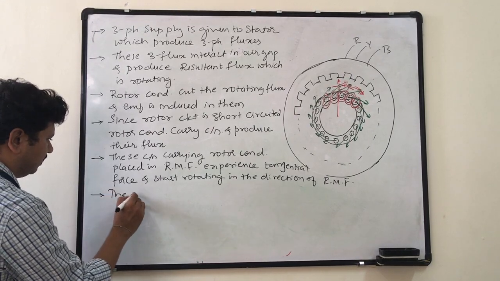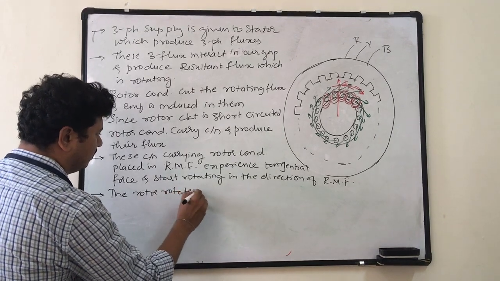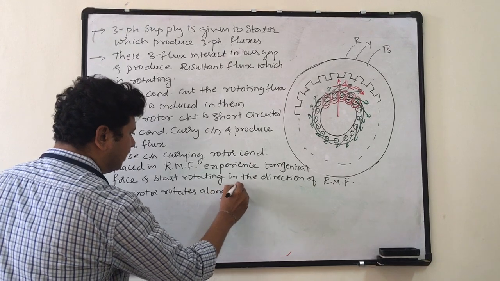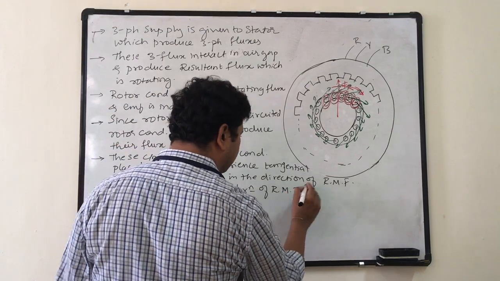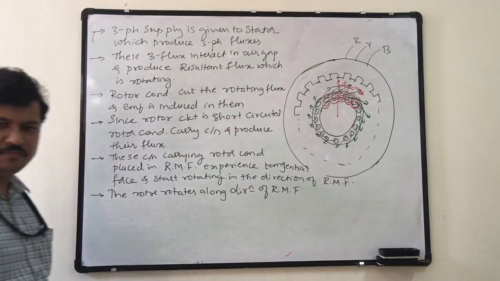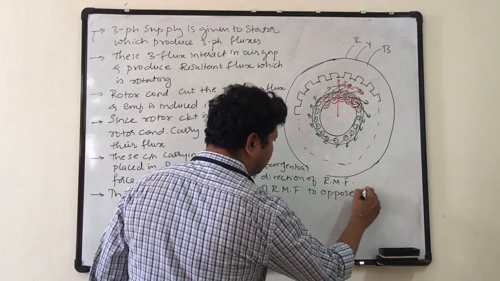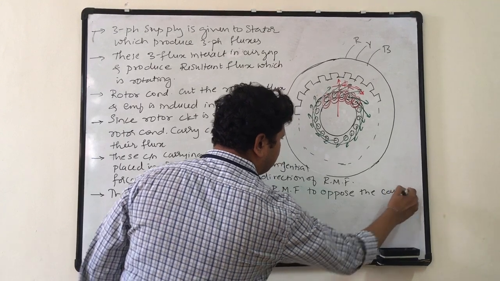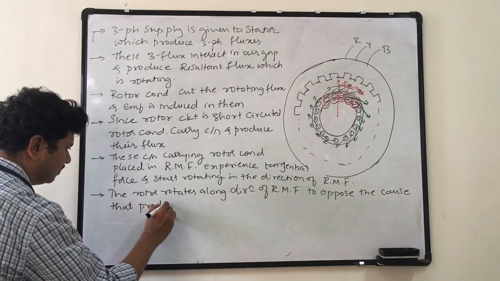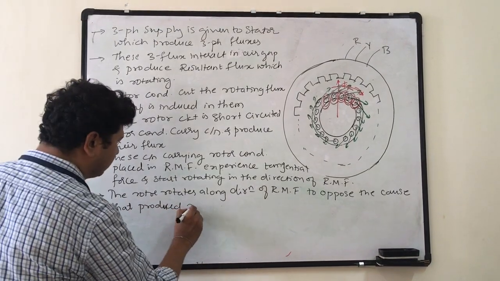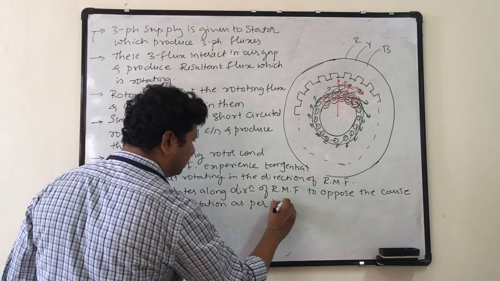The rotor rotates along the direction of RMF to oppose the cause that produced rotation, as per Lenz's law.